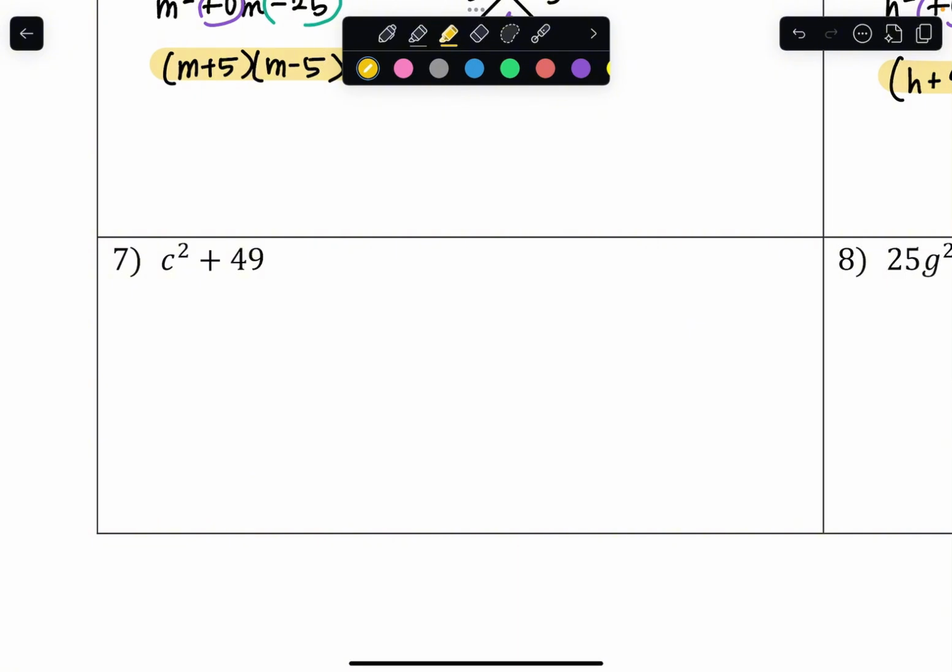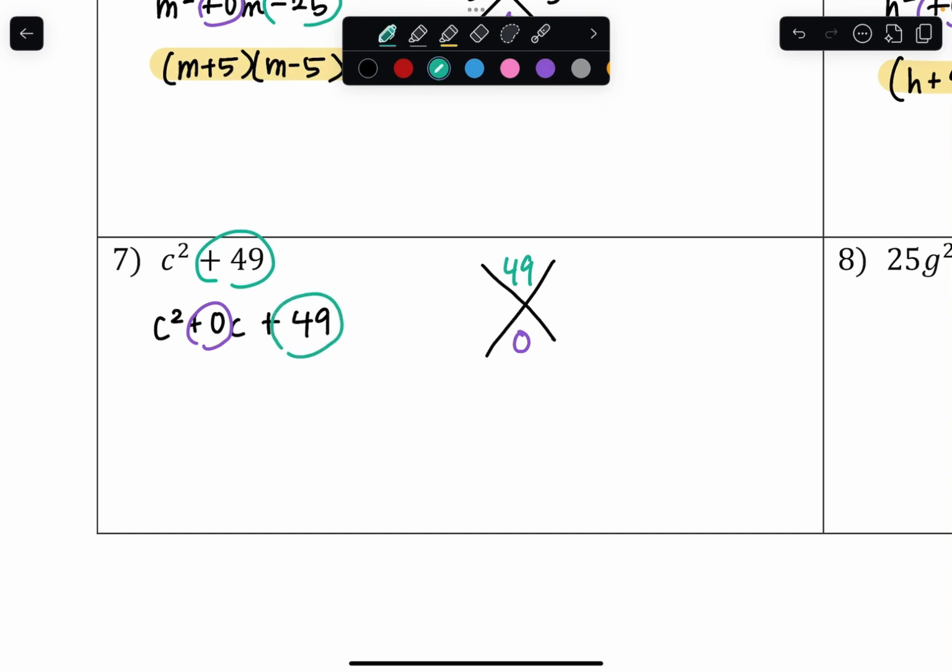Okay, here we're looking for 2 numbers that multiply to positive 49, but add to 0. Okay, and so as you try to come up with this list, a lot of people want to try to say 7 and negative 7, but those would multiply to negative 49, so that doesn't work.